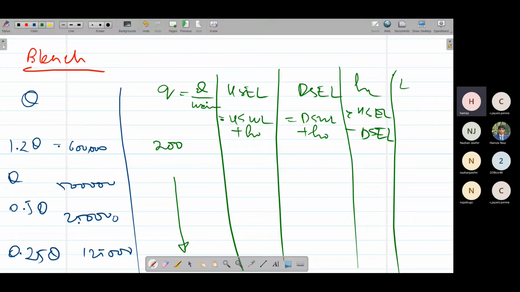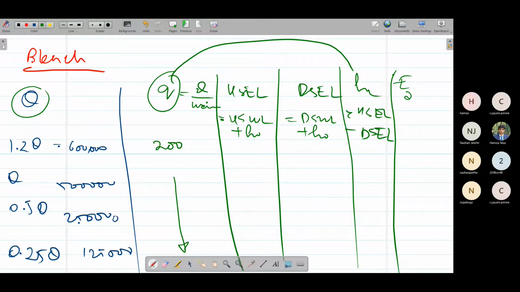Now after getting the HL value, we know the Q value, and we can use both these values with the curves to get the value of E2.